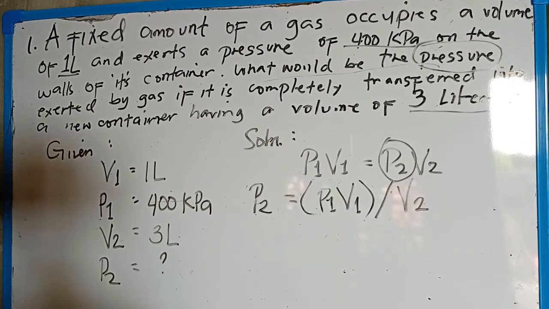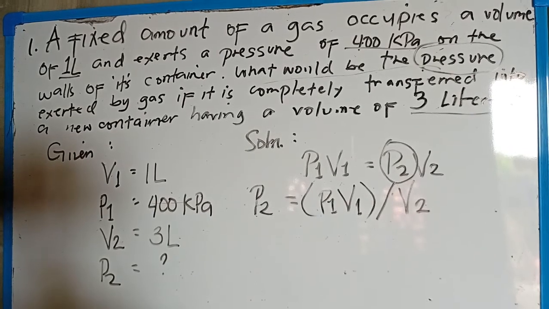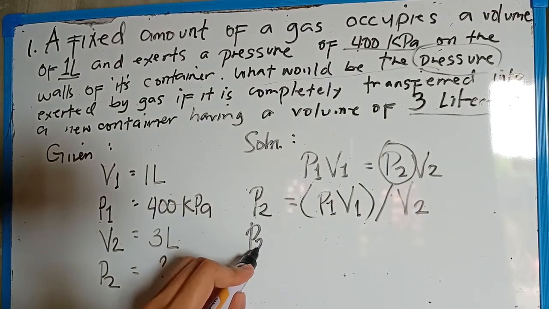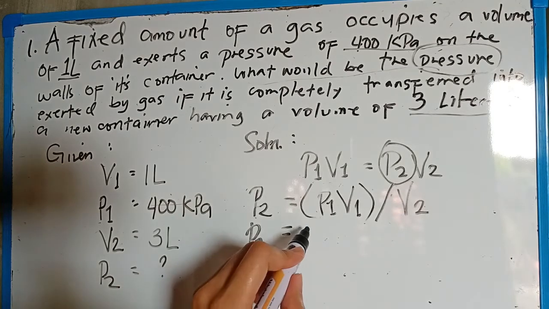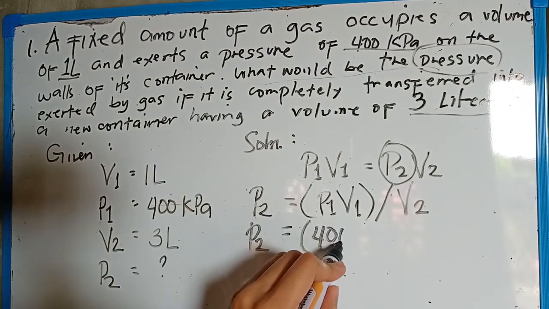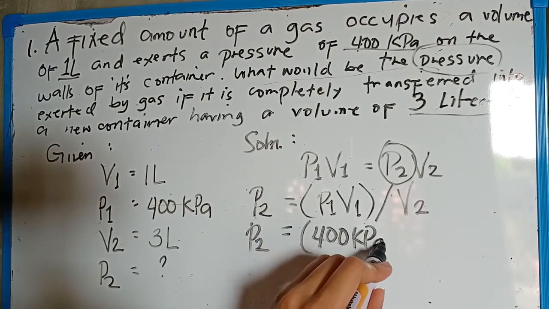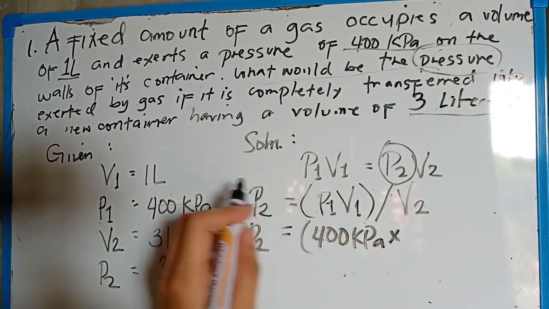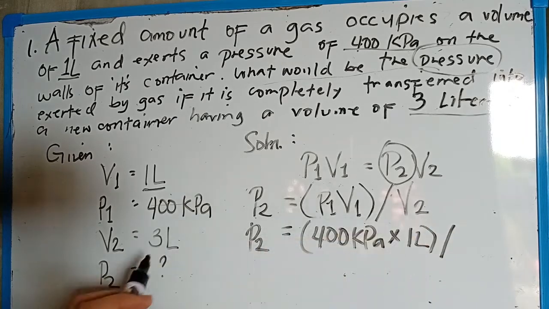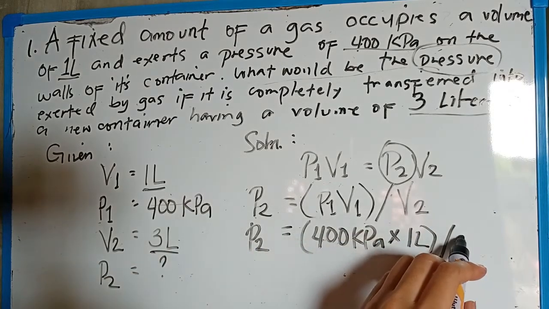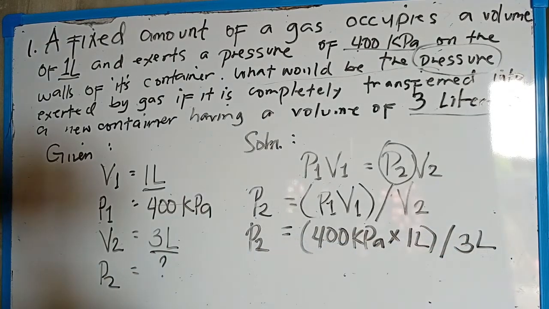We already have the formula, so we can now transpose the given. So P2 equals the initial pressure, which is 400 kPa, multiplied by our volume, which is 1 liter, divided by our final volume, which is 3 liters.